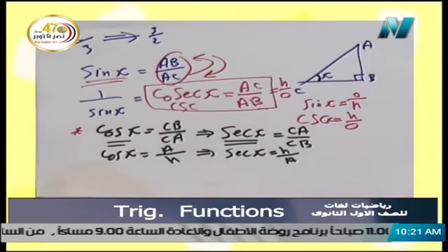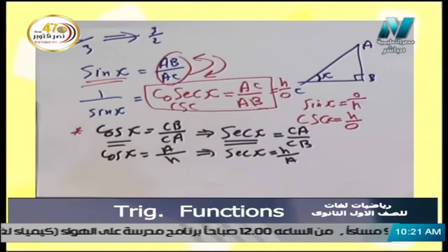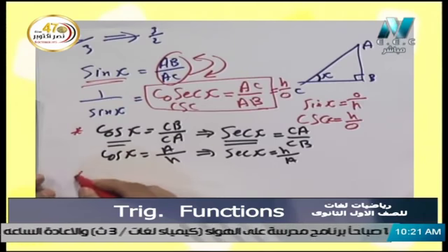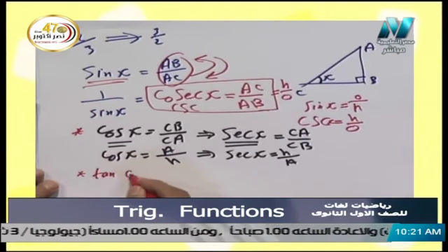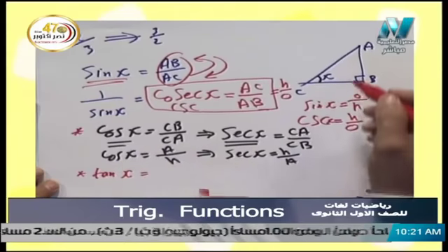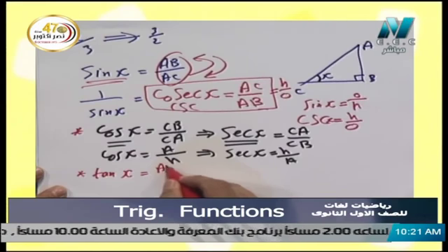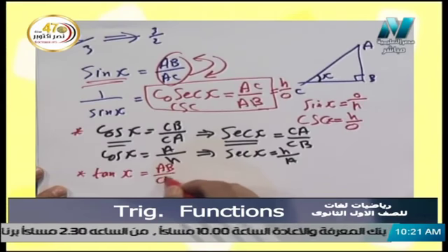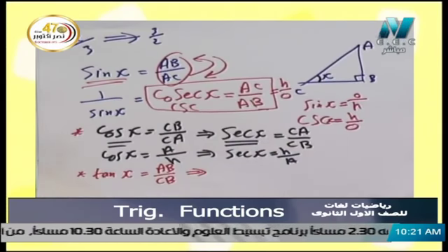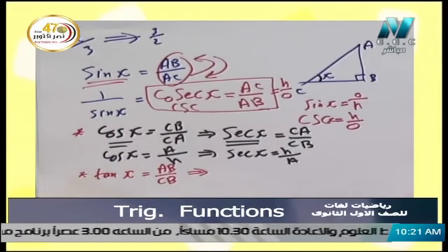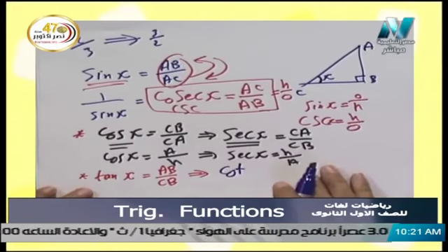What is the reciprocal of tan? The reciprocal of the tan function: tan x here is the opposite over adjacent, so it's AB over CB. Okay, the reciprocal of tan x we call cotan, but we write it COT also.